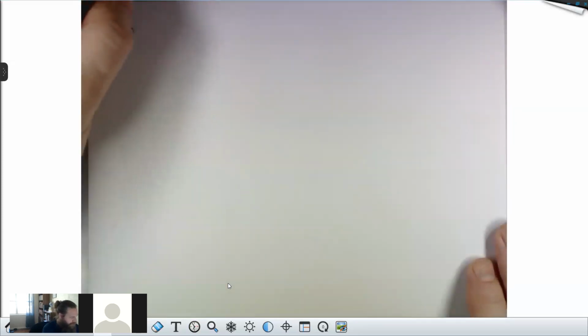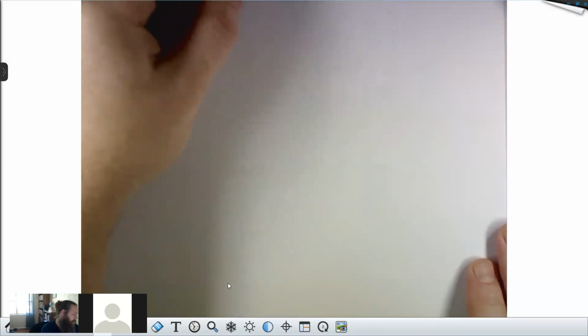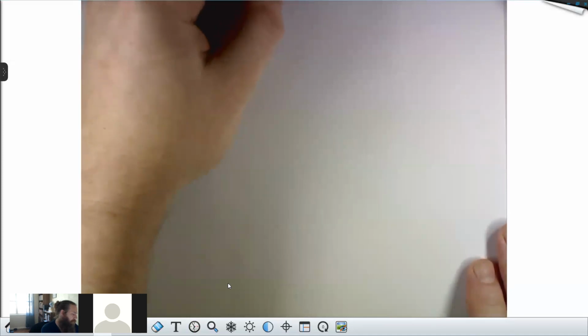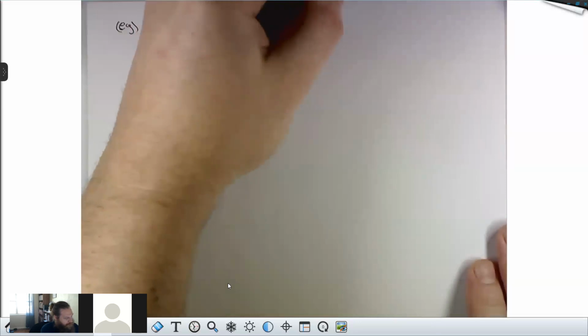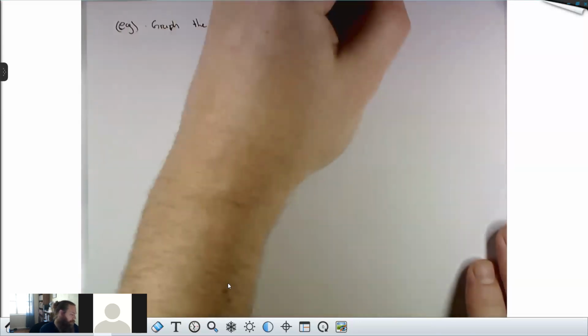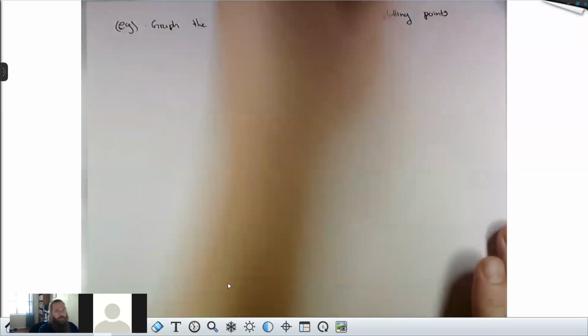Let's look at the base 2 logarithm. Draw its graph. And we'll do it the old-fashioned way.